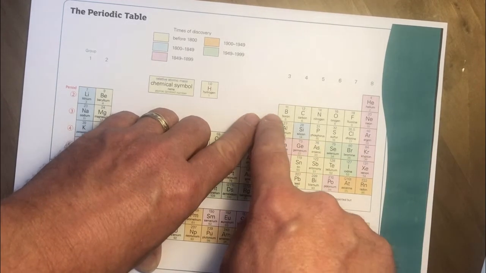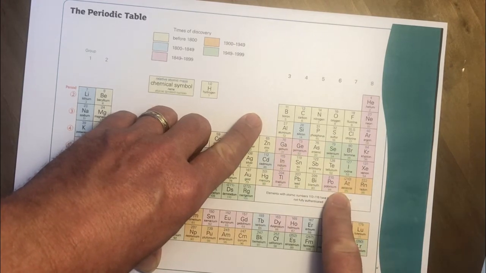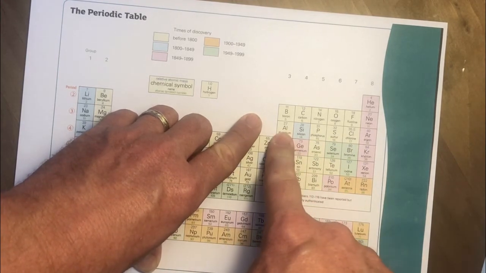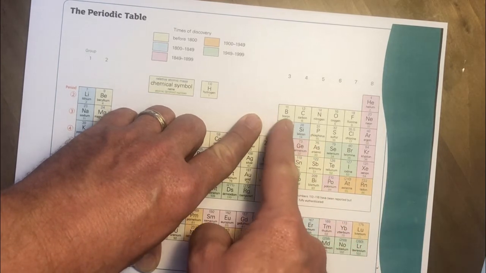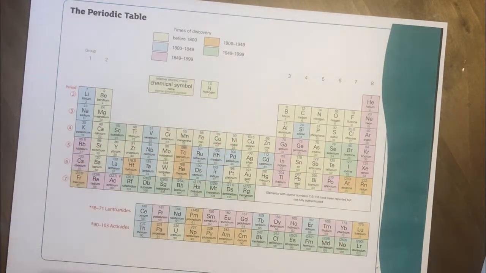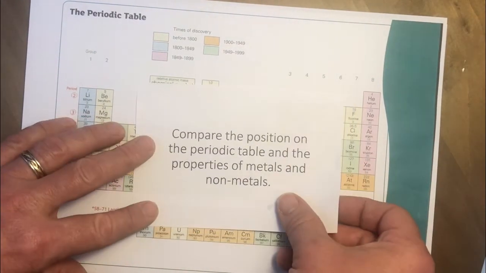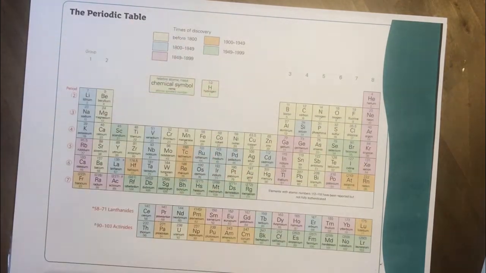And what you do is draw a zigzag line that goes down in between them. So aluminium is definitely a metal, silicon is not a metal, so you've got a line in between there and it zigzags down. So, compare the position on the periodic table and the properties of metals and non-metals.